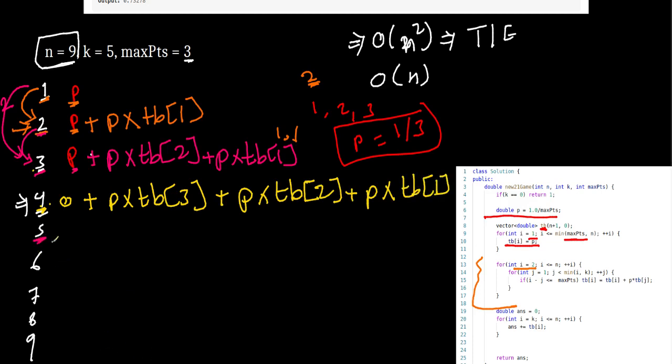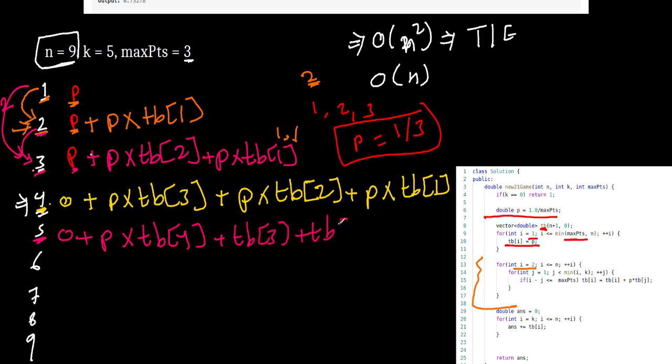Now for 5 we have 0 plus p multiplied by tb of 4 plus tb of 3 plus tb of 2. Notice we don't do tb of 1 because we cannot go from 1 to 5. We can only do 1 point, 2 points or 3 points.